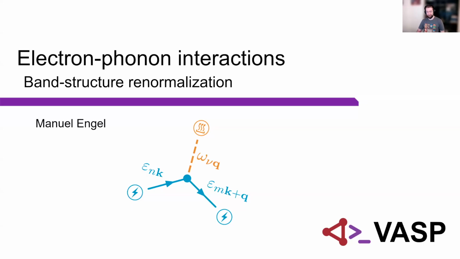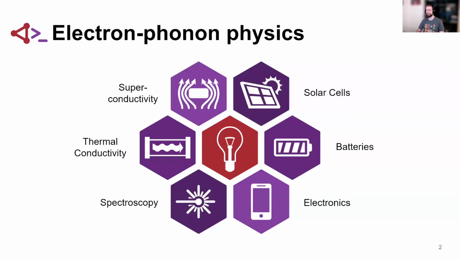All right, so before I get into the outline of the talk, I'd like to say a few words about the importance of electron-phonon physics in general. I also like to recycle this slide because it took me some time to make it. So really, for me at least, the archetypical electron-phonon effect has always been the incandescent light bulb, where you flip a switch and then the electrons are accelerated through the tungsten filament, where they bump into the tungsten atoms of the crystal lattice, and they transfer some of their energy into the lattice in form of vibrations, in form of phonons.